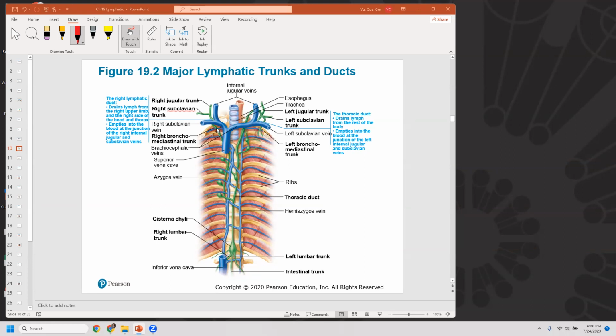So once they filter the lymph, they're going to dump the lymph into what? You'll find that they're closest in terms of proximity to the intersection between the internal jugular veins and the right subclavian. So there's a little junction right here. Let me draw that. Zoom in.